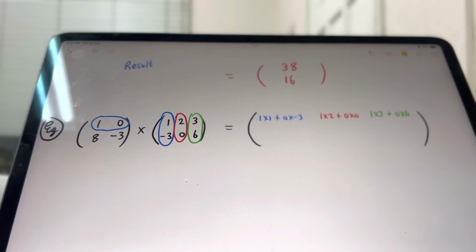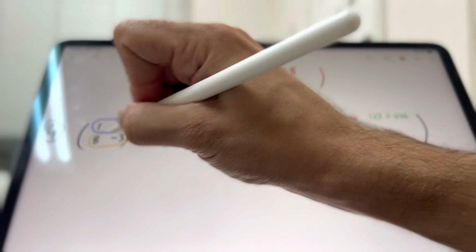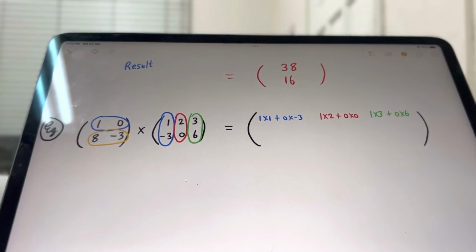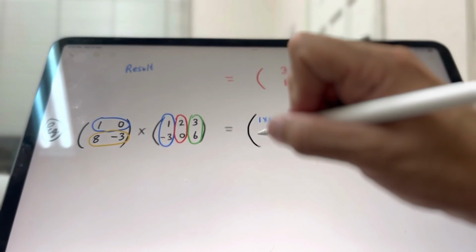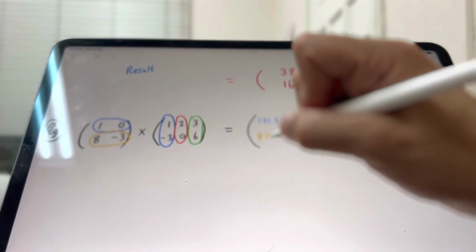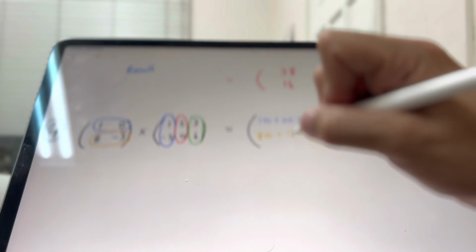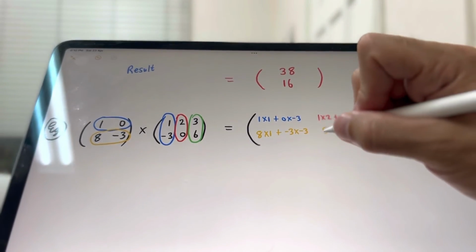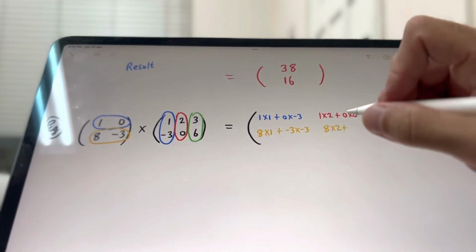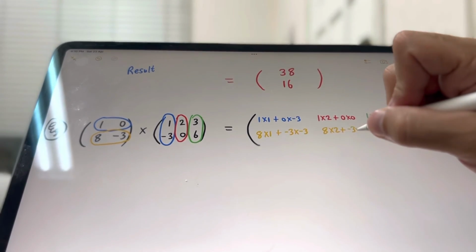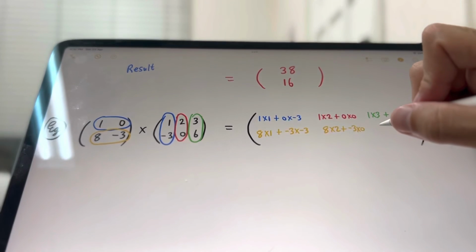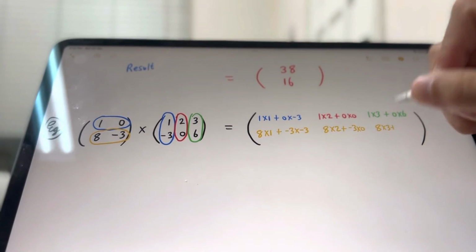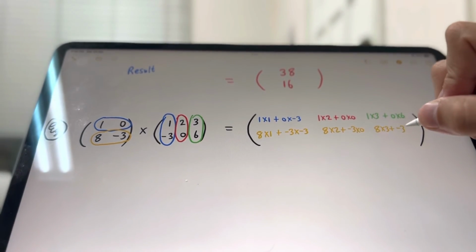And let's do the same thing with the bottom now. Bottom left, bottom middle, bottom right. We have 8 by 1 plus negative 3 by negative 3. We have 8 by 2 plus negative 3 by 0. And then we have 8 by 3 plus negative 3 by 6.